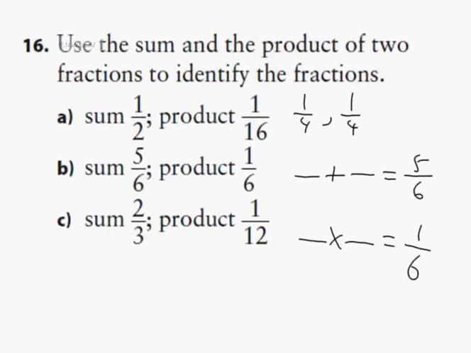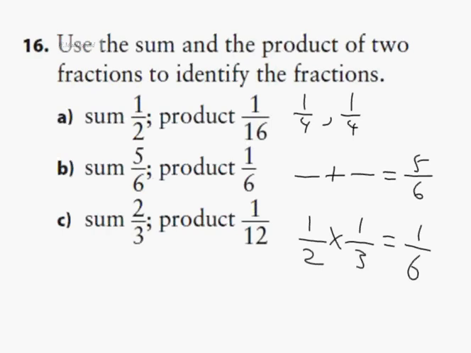What are the possibilities for that? There's only one really I want you to give me. What do you think? Yes, 1/2 and 1/3. 1/2 times 1/3 is going to give you 1/6, correct?